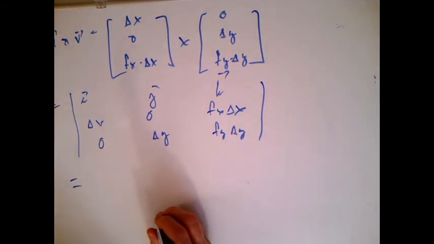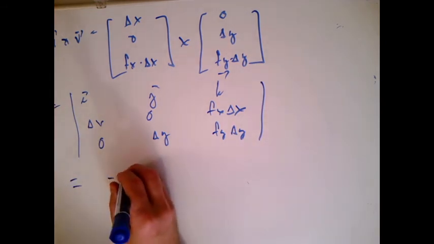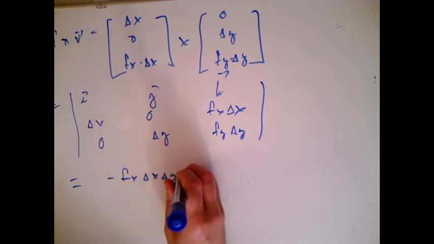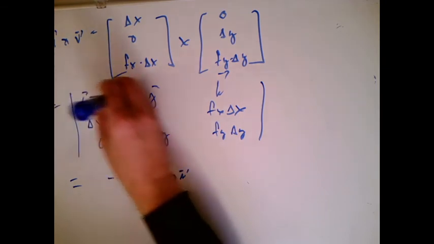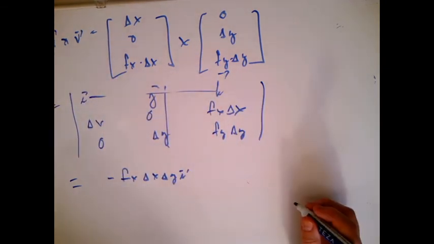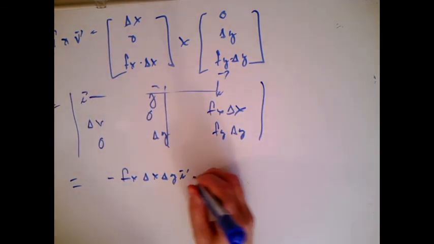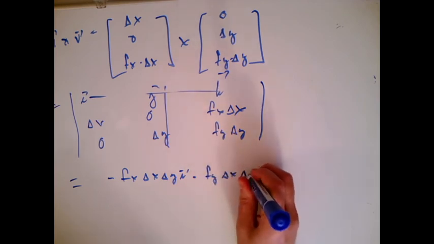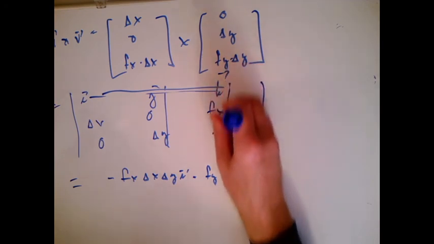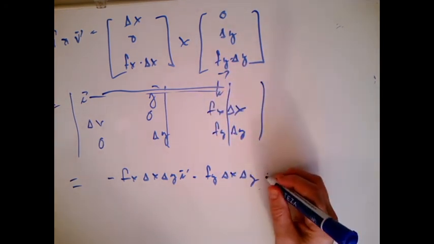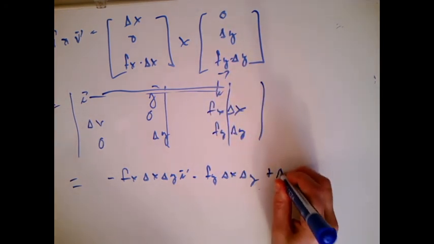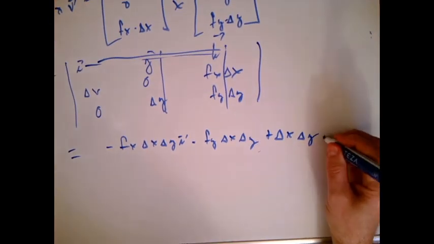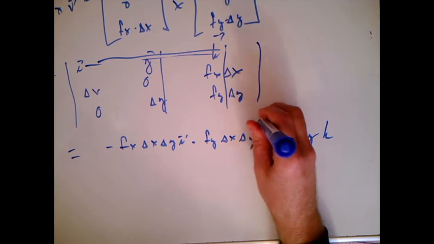This is going to be minus fx delta x delta y i, and then I cross this off and cross this off, and I'm going to get minus fy delta x delta y, and then I cross off this row and this column, and then I'm going to get plus delta x delta y. And this is k, and this is j.